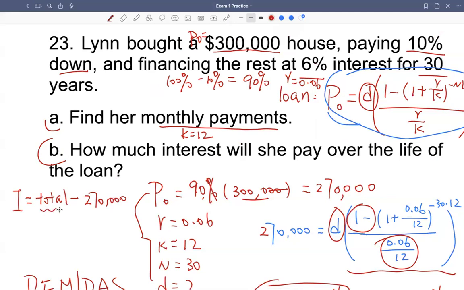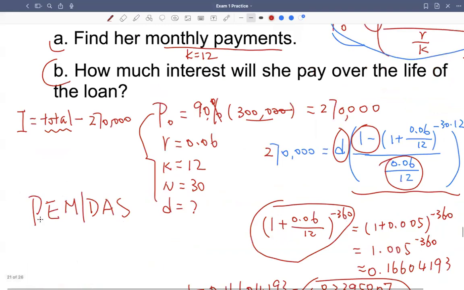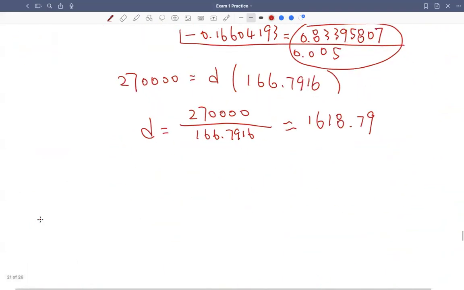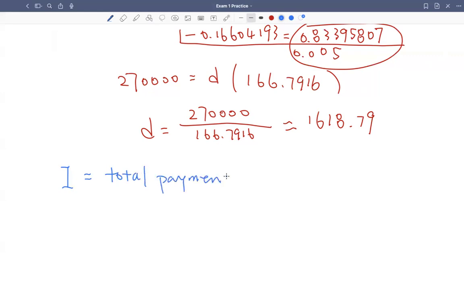We just have to find the total amount of money she paid. Well, each month she has to pay $1,618.79. So interest equals total payments minus her loans. We know her loan is 270,000, which is P naught.